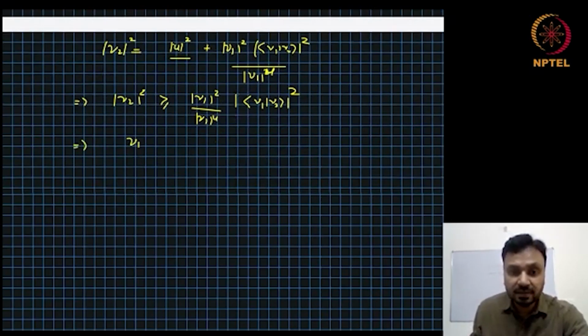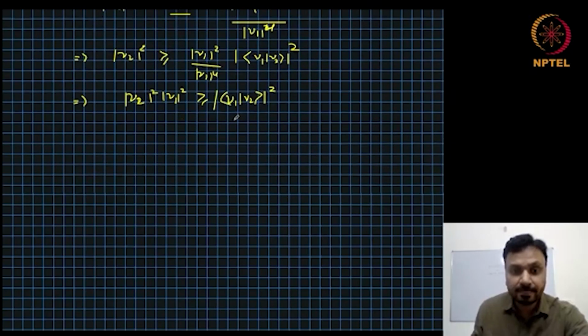This implies that |v1|²|v2|² is greater than or equal to |⟨v1,v2⟩|², or |v1||v2| is greater than or equal to |⟨v1,v2⟩|.